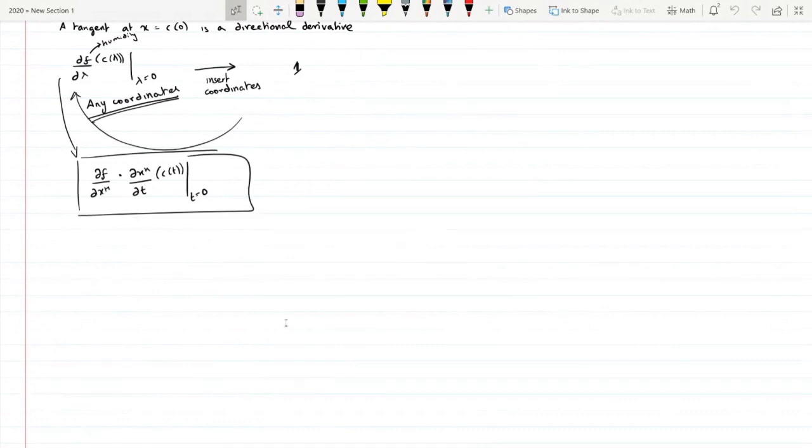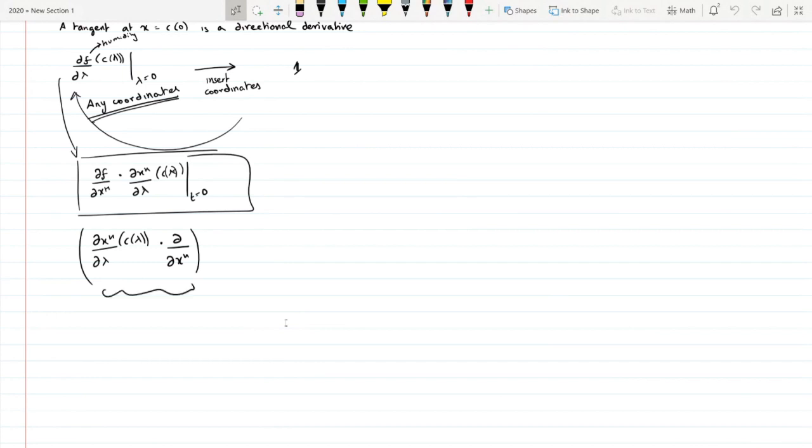If I take out f from this, can you see this thing is actually not t, sorry, it should be lambda. So can you see this thing here is dx mu by d lambda, along that particular curve, times this, and this operator is acting on f.